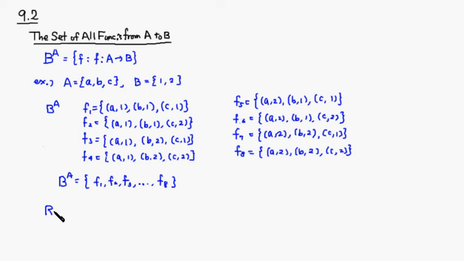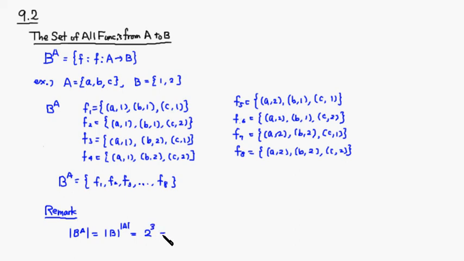A little remark. The reason why they decided to write B to the A instead of A to B seems a little backward, but if you look at the cardinality of B to the A, it can be found by taking the cardinality of B and raising it to the cardinality of A. In this example, B has cardinality 2 and A has cardinality 3.